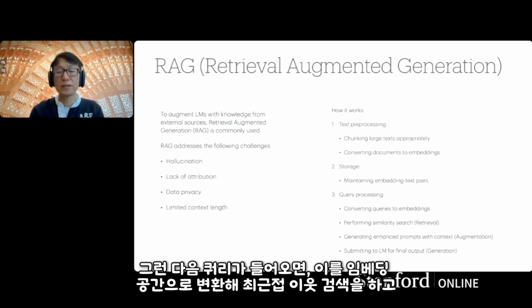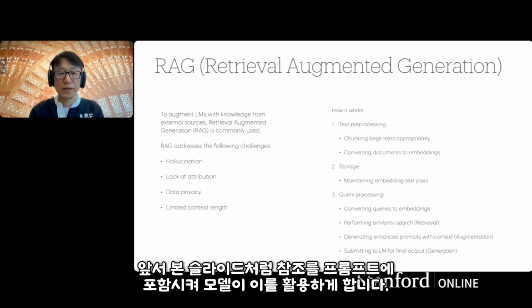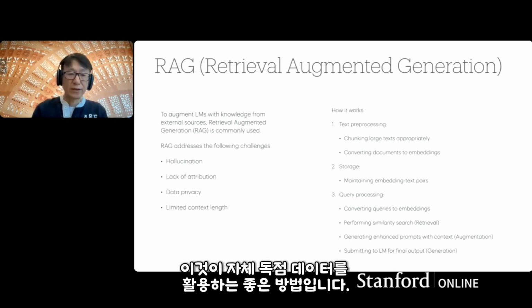Then when a request or query comes, you could turn this query into embedding space so that you could do a nearest neighbor search, select the top K relevant text chunks, and place them as part of your prompt. As in some of the slides we saw previously, you put the reference as part of the prompt and ask the model to only make use of this reference. So this is one good way to make use of your own proprietary data.